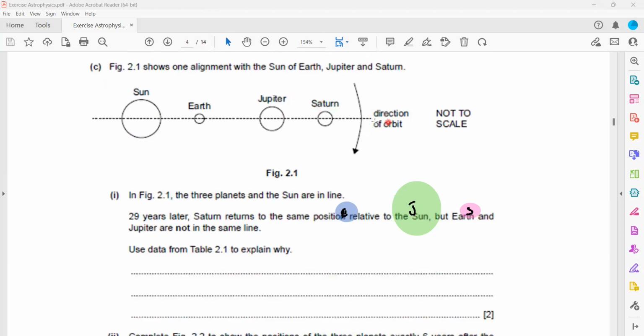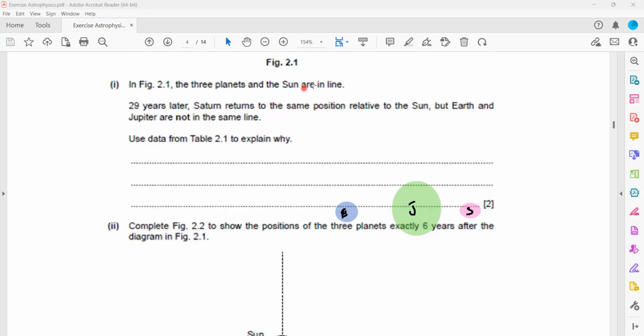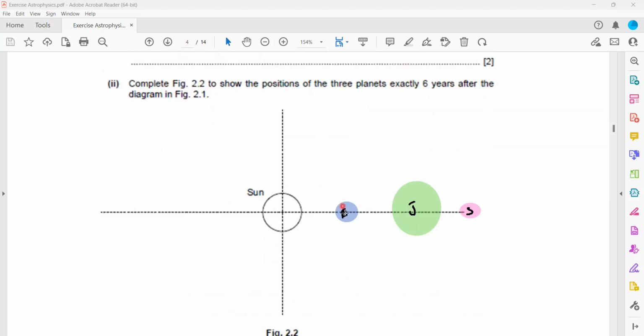The direction of rotation is given as shown in the figure, so we have to take it according to that, clockwise. So this is 1 rotation, 2 rotations, 3, 4, 5, 6. Means after 6 years, Earth will be at the same position, because Earth takes 1 year to completely move around the sun. After 2 years, 3, 4, 5, until 6 years, it will be again at the same position.